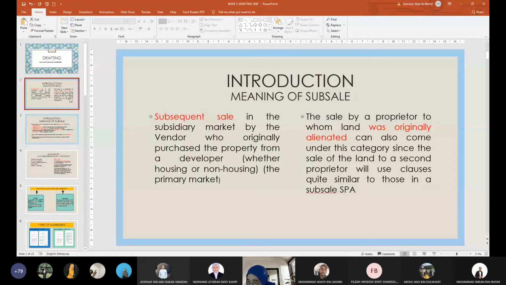Madam, correct me if I'm wrong, kalau usually primary market ni dia punya harga lagi murah daripada subsidiary, sebab biasanya kalau subsidiary ni bila dah jual balik dia boleh jual dengan harga yang lagi tinggi daripada harga yang dia beli, sebab property ni kan makin lama dia makin mahal kan.